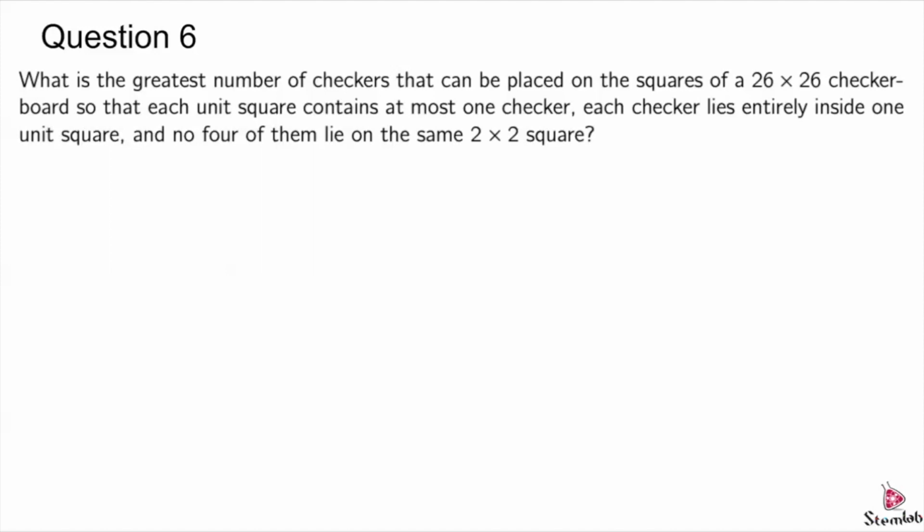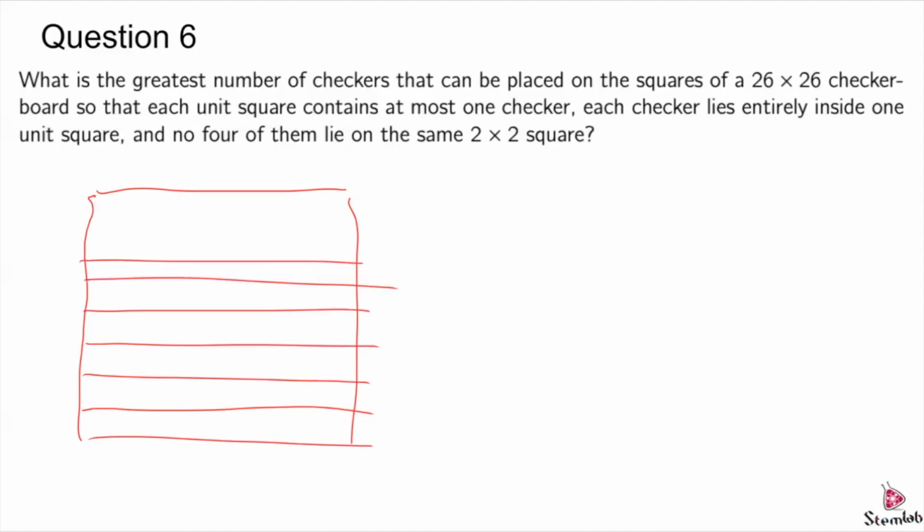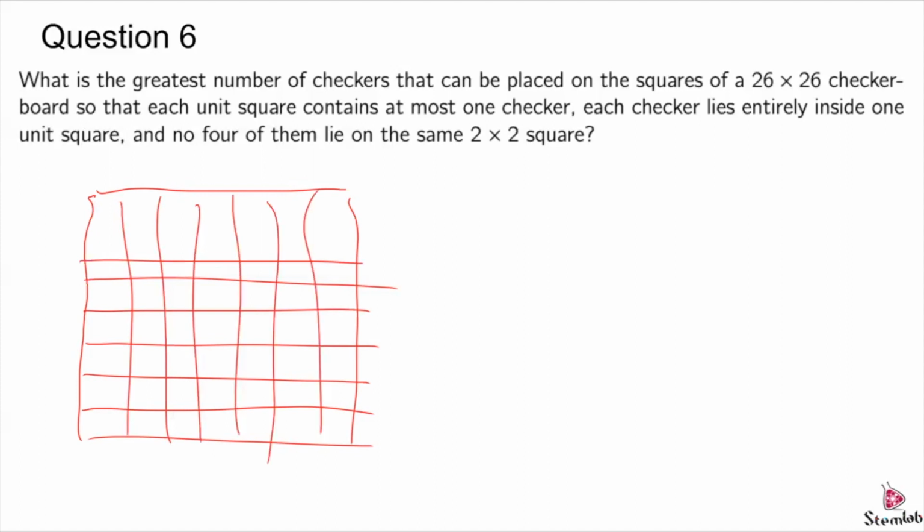Okay, so if we assume that we start with a checkerboard 26 by 26 that's completely filled, okay, completely filled. Actually I should erase part of it because I'm not going to draw all 26.